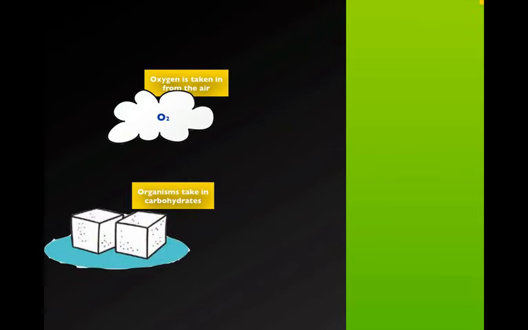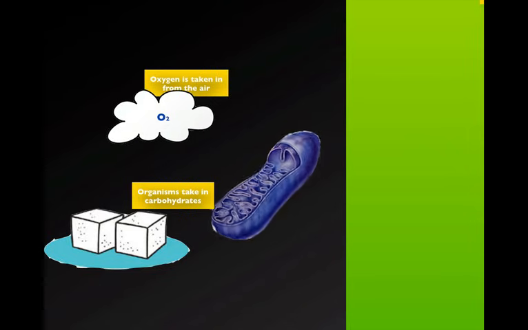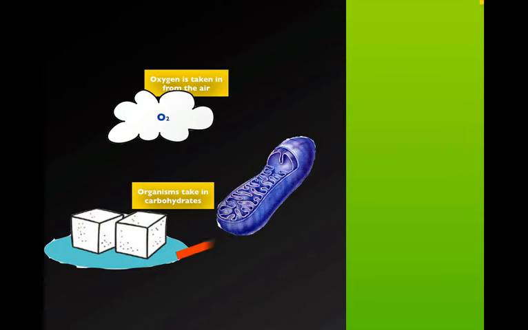So here's a graphic look at respiration. So oxygen is taken in from the air, and then an organism takes in carbohydrates from plants or by eating other animals or something like that. And the mitochondria takes in those things, and it breaks down the carbohydrate.